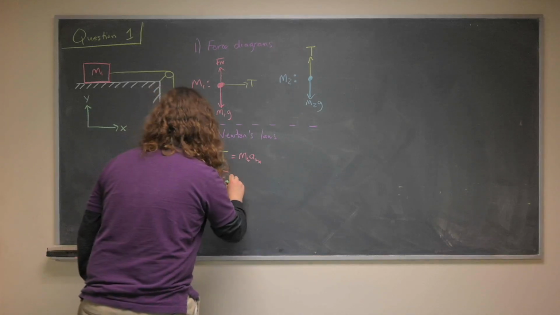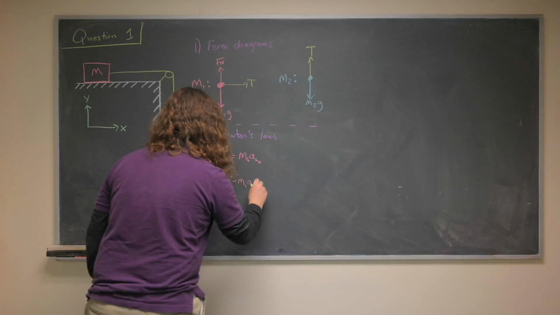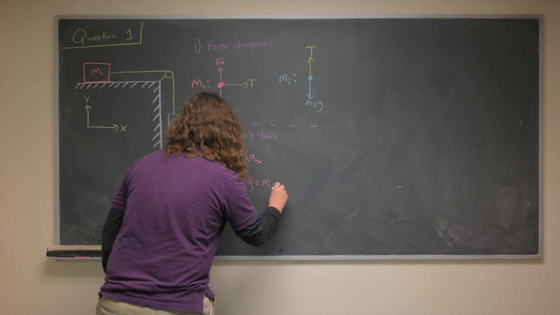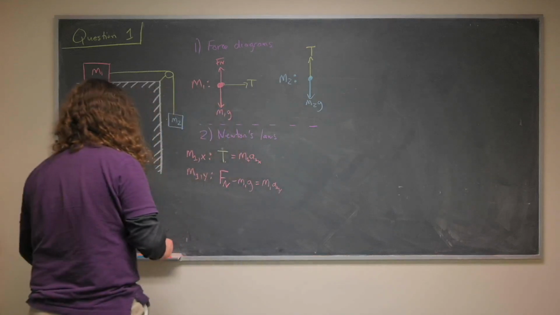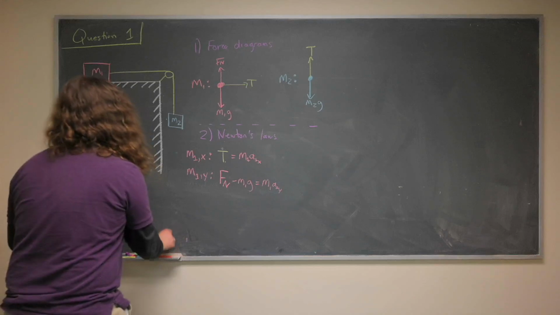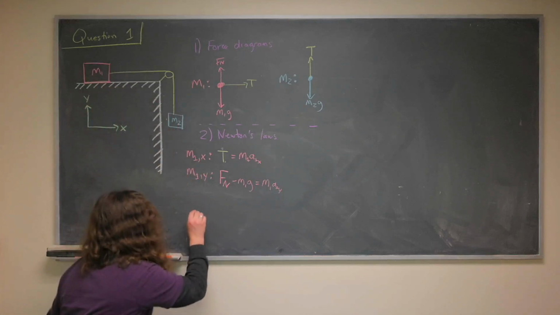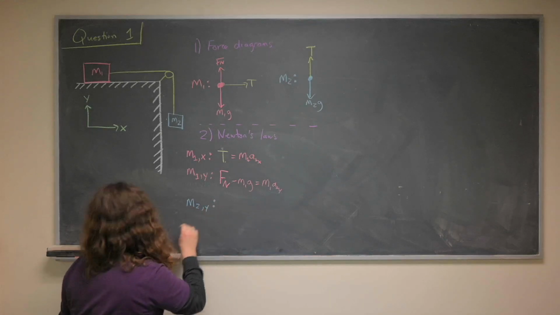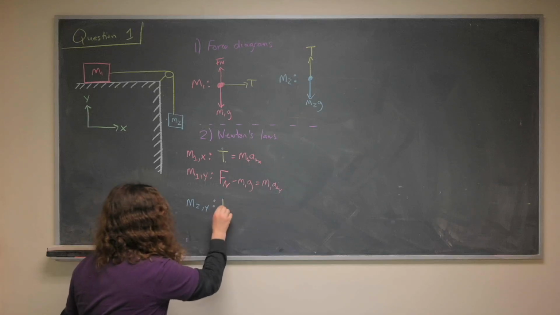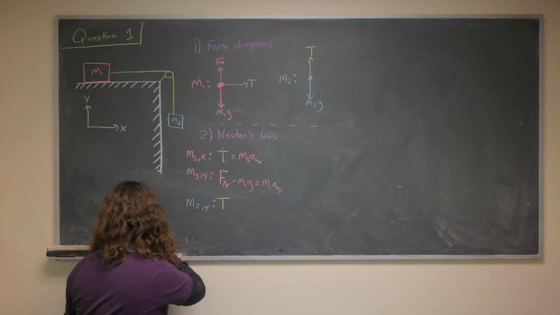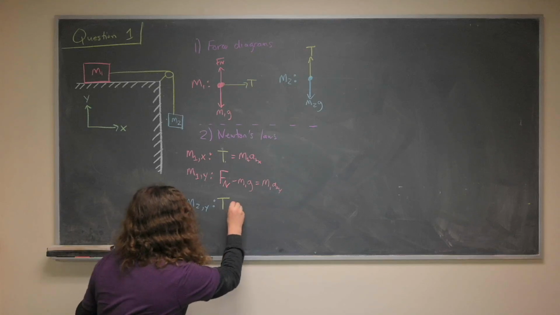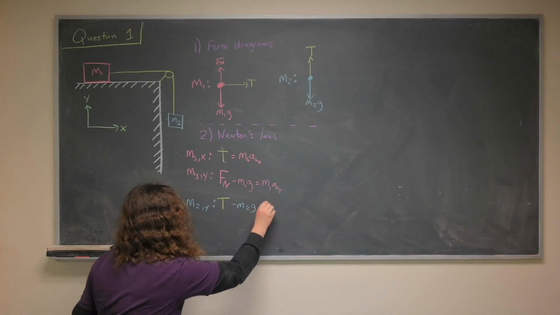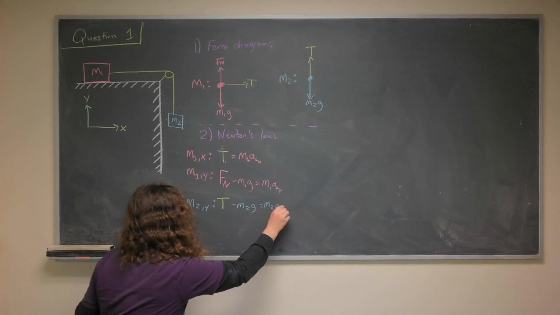Normal force minus m1g equals m1a1y. And then, for the hanging object, it's only got stuff in the y direction. We have T minus m2g equals m2a2y.